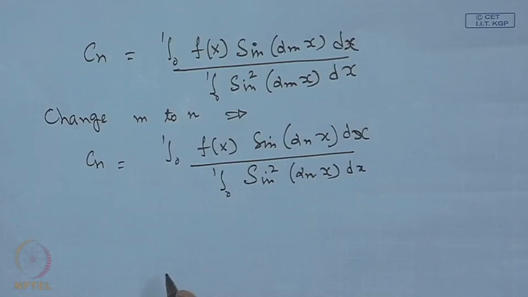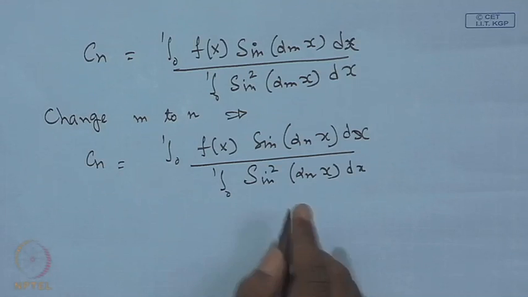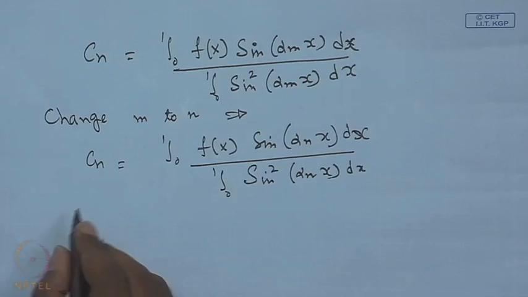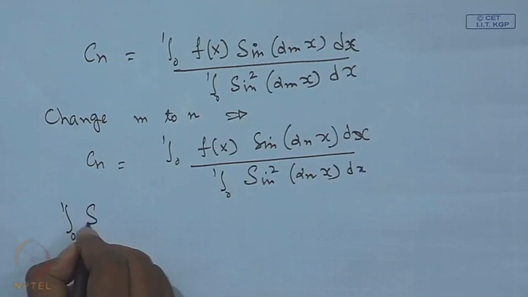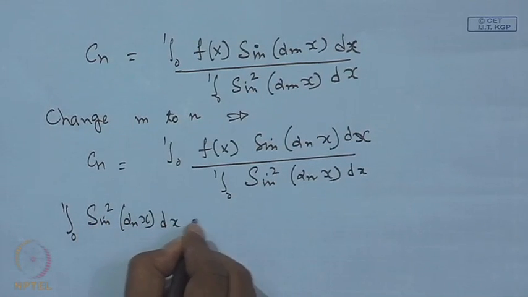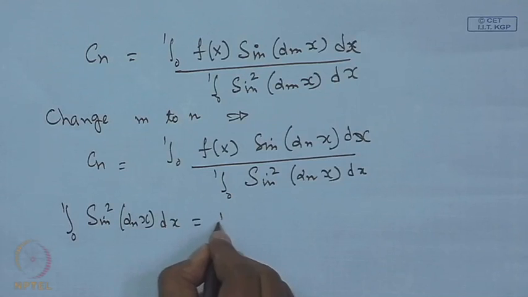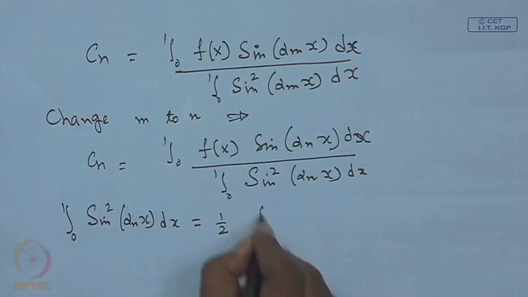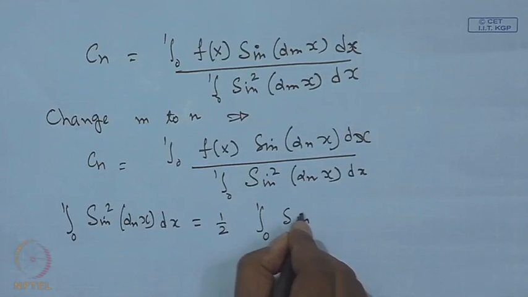Now, let us look into the denominator and evaluate this integral from 0 to 1 of sin square alpha n x dx for this particular problem. We multiply both sides by 2, the numerator and denominator.